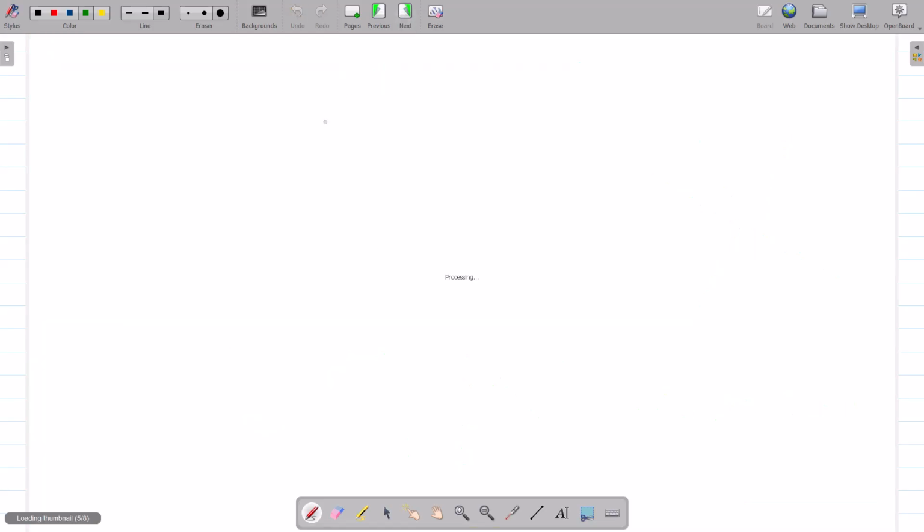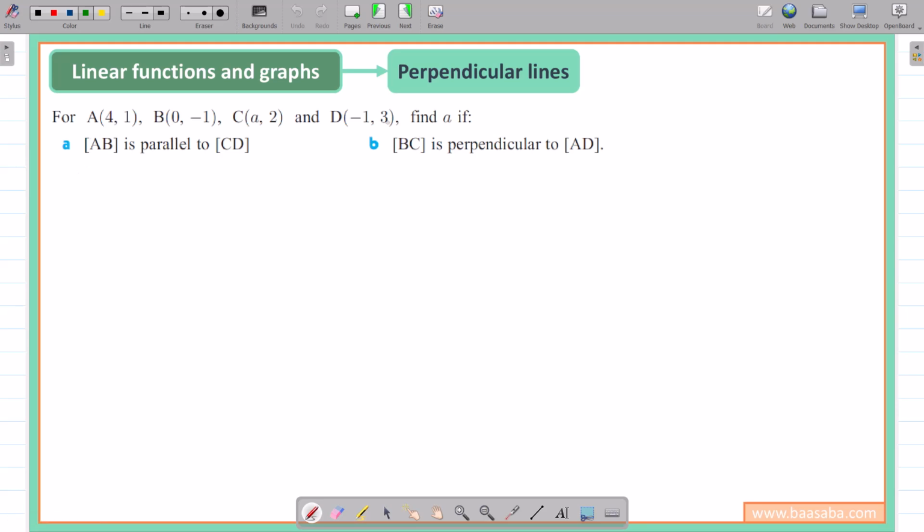Let's do an example together. We have four points here. We want to find a if AB is parallel to CD. We have to find the slope or gradient of AB and CD, and then, because they are parallel, these two should be equal.